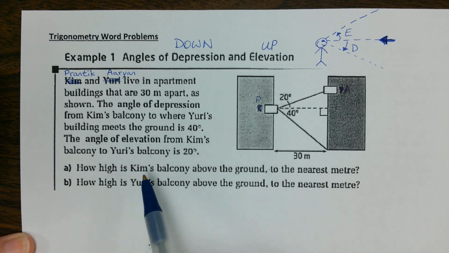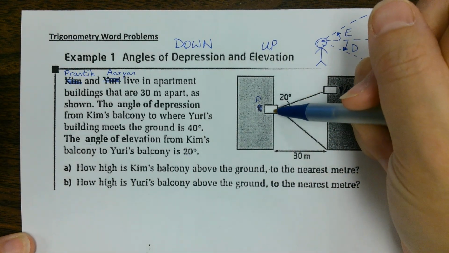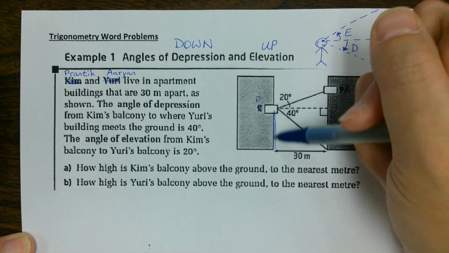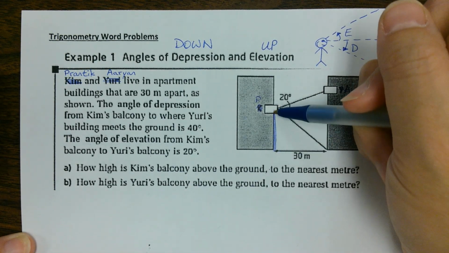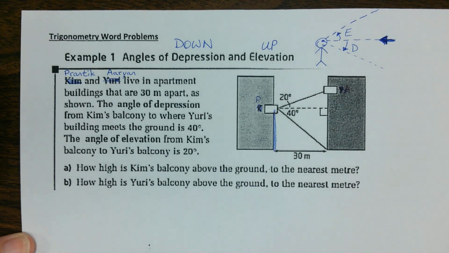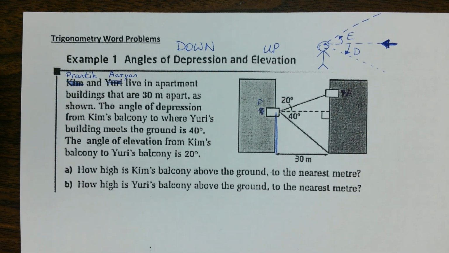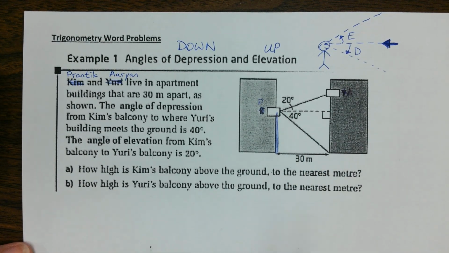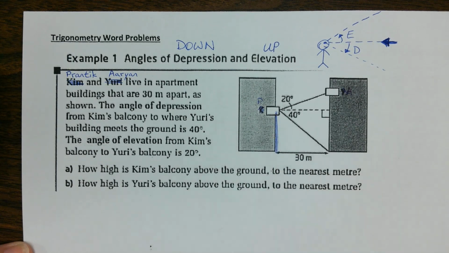So I want to find out how tall this part is. Based on what we've been doing in class, right angle triangles, which triangle would help you find the height of this line?